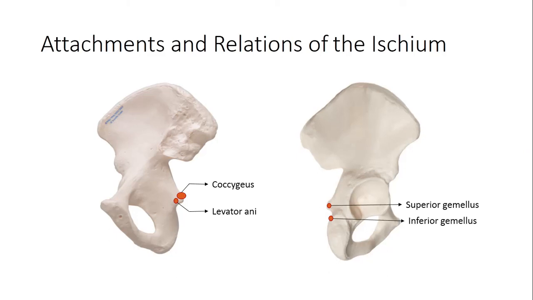So this is inferior gemellus, and this is obturator externus around the obturator foramen. So this is obturator externus. Next is quadratus femoris. The lateral border of the ischial tuberosity gives origin to quadratus femoris. So this is quadratus femoris.